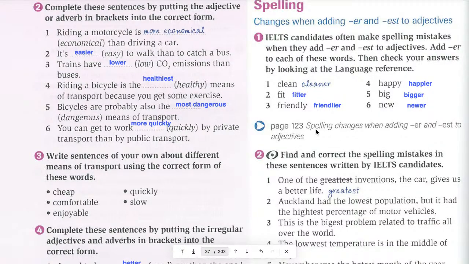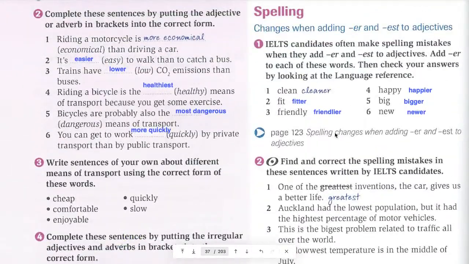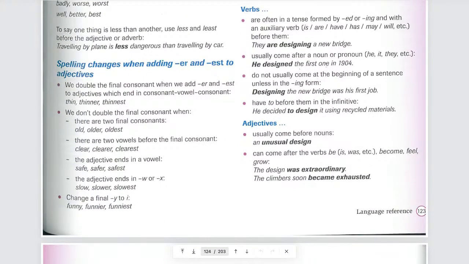Page 123, spelling changes when adding ER and EST to adjectives. Now we can have a look at page 123, yeah? Spelling changes when adding ER and EST to adjectives. You can read the first line.